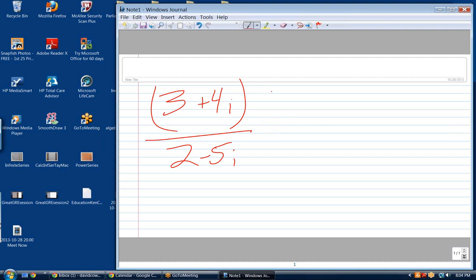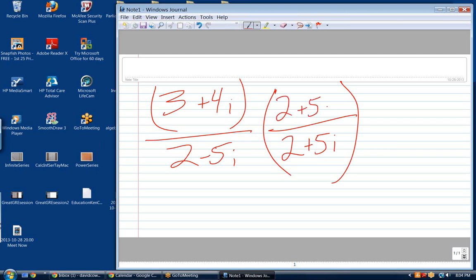We're going to multiply this by 1, and my 1 is going to have the conjugate in the denominator, and of course the same thing in the numerator, because I can only multiply by 1. Now, by multiplying the denominators by the conjugate, I eliminate I.